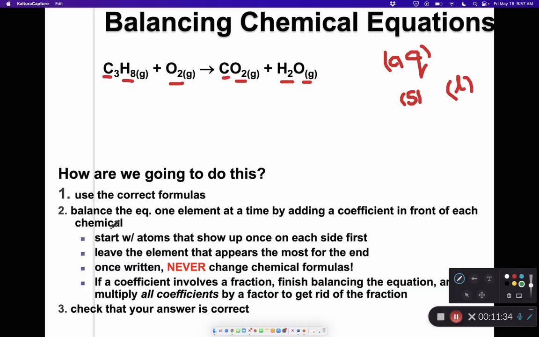According to the rule, it will be a lot easier if we start with the atom that shows up once on each side first. Oxygen appears in two places on the right, so we want to leave oxygen for last. We want to balance the carbon first, because it appears in only one place.